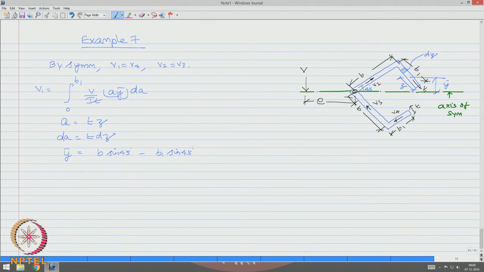So, B sin 45 will be this vertical distance, and B1 will be subtractant of that plus Z by 2 sin 45 will give me y bar, which is B minus B1 plus Z by 2 of 1 by root 2.